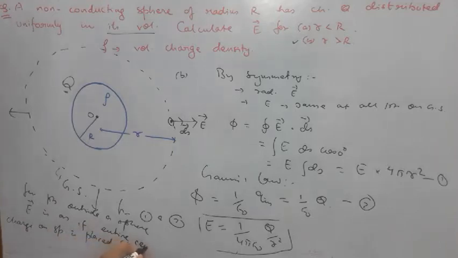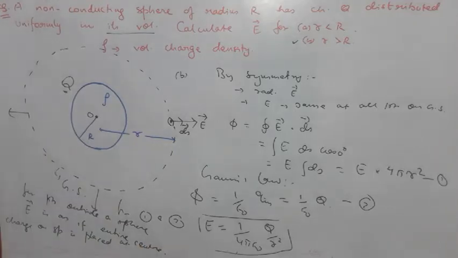At its center. Now this is a very, very important statement. So what we have written? For points outside a sphere, the electric field is as if the entire charge is present at the center.